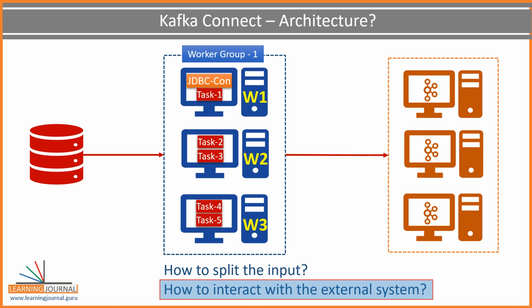This is taken care of by the task class. And these are the things that a connector developer needs to take care of. Most of the other stuff like interacting with Kafka, handling configurations, errors, monitoring connectors and tasks, scaling up and down, and handling failures are standard things and are taken care of by the Kafka Connect framework. Make sense?